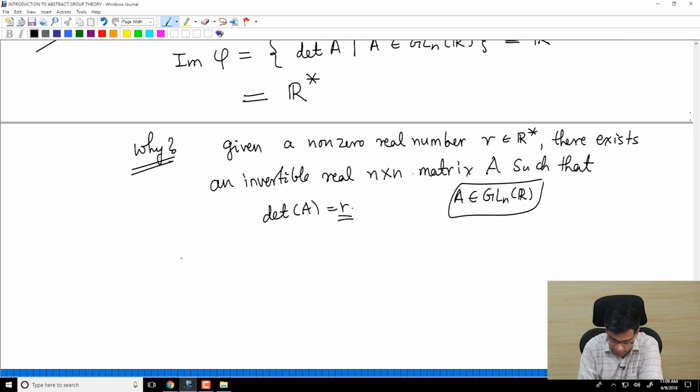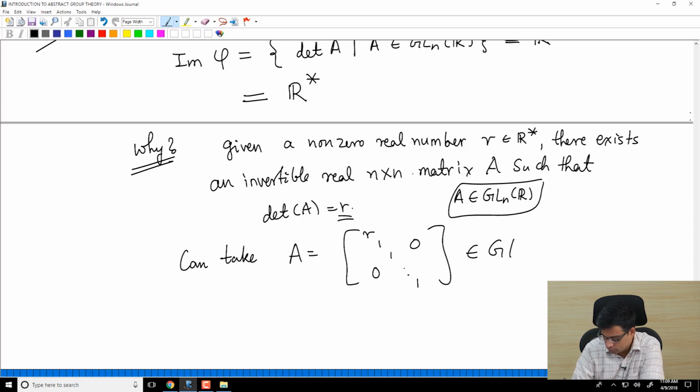I simply can take a diagonal matrix. I'll put r in the first top left position and I'll take ones everywhere else on the diagonal, zeros off the diagonal. This is certainly an invertible matrix because its determinant is r and r is non-zero.